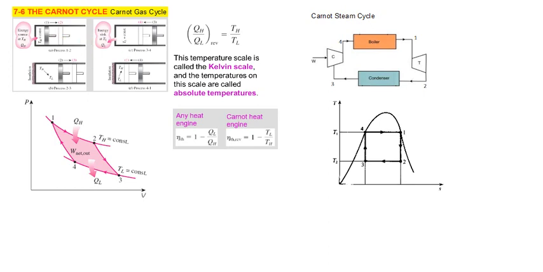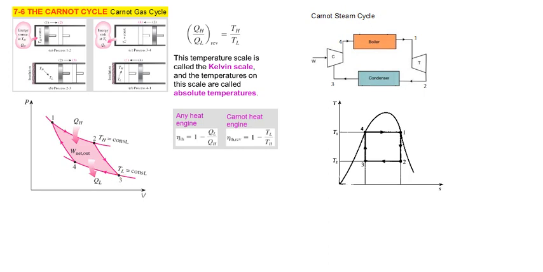And based on this temperature scale, we can have the ratio of heat QH, which is the heat supplied, to the heat rejected QL, for a reversible case, substituted as TH divided by TL. In this case, TH is equal to T1 and T2, while TL is equivalent to T4 and T3.